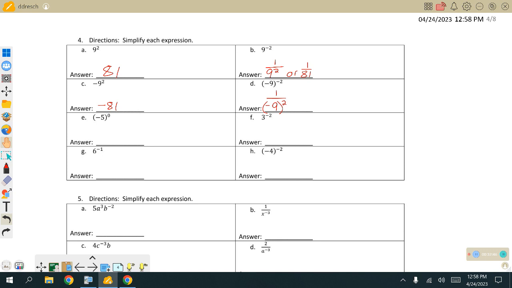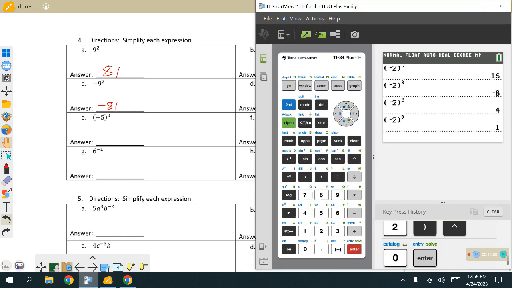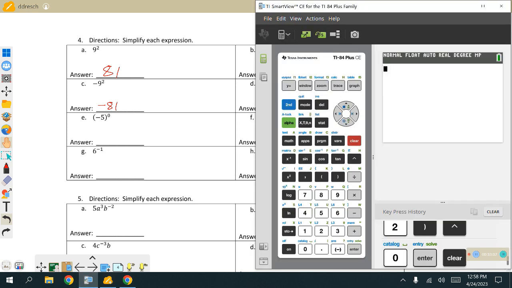In parentheses, we just said even or odd. Even exponent makes it a positive 81. And I'm happy with either answer. Okay? And again, if you're not sure, what can I do? Type it into your calculator. What do I mean by typing that in?